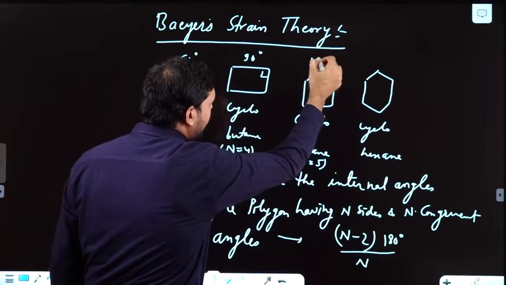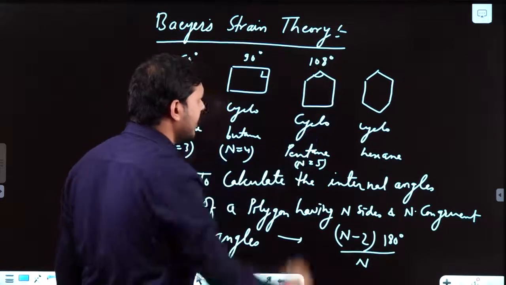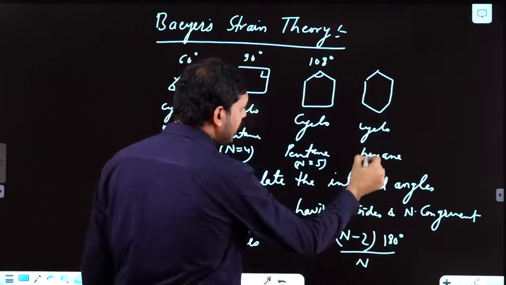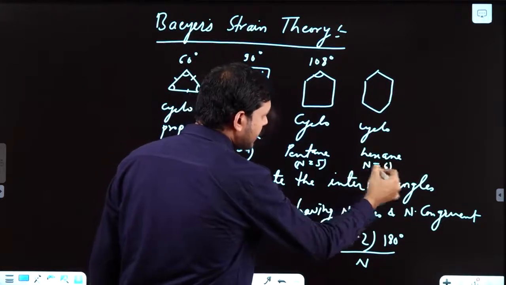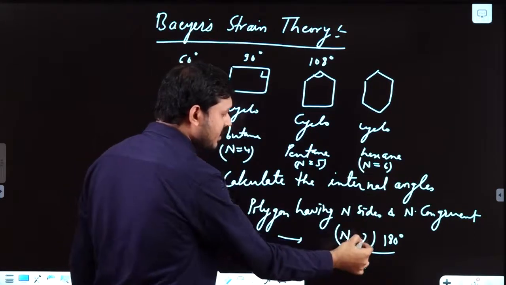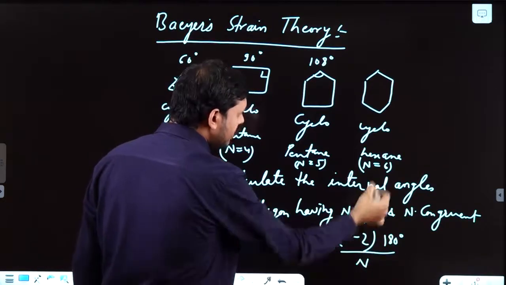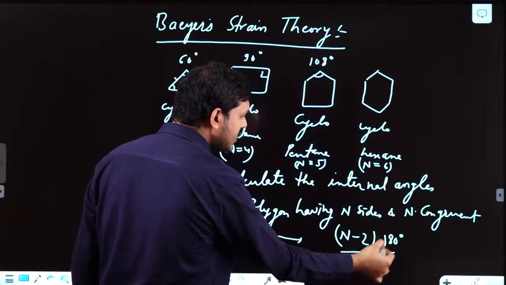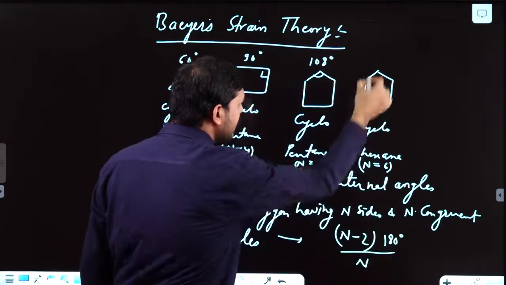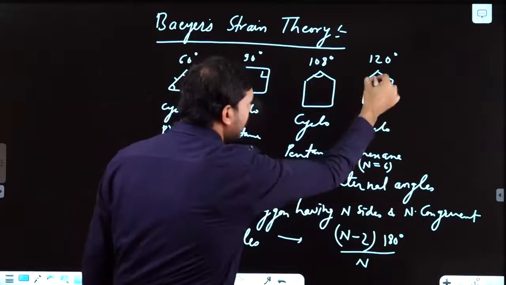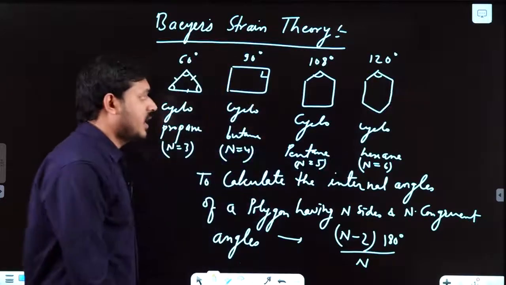This comes out to be exactly 108 degree, right? And last, here n equals 6. So 6 minus 2 is 4, into 180 upon 6. 180 by 6 is 30, and 30 into 4 is 120. So all these angles are equal and 120 degree.